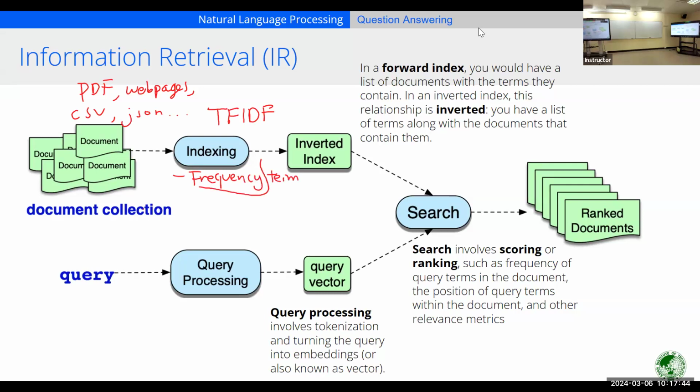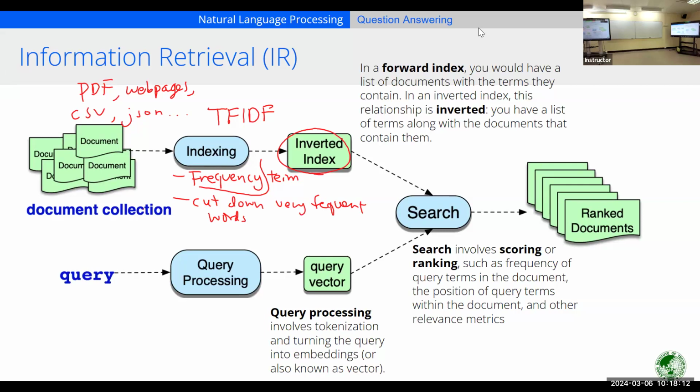And you also need to cut down very frequent words, otherwise you will always have a lot of dirt. Those are the processes that you may want to do in indexing. And then you will get something called an inverted index, right? What is an inverted index?